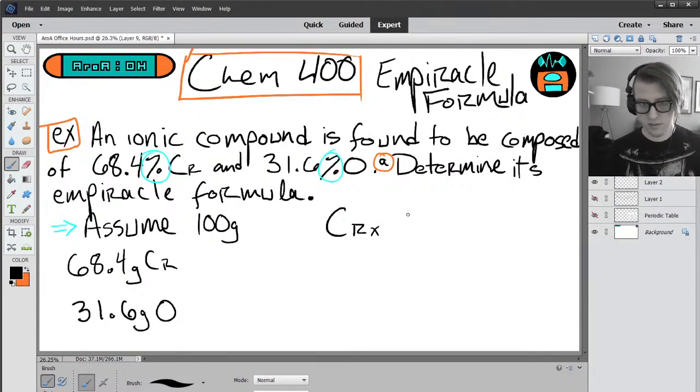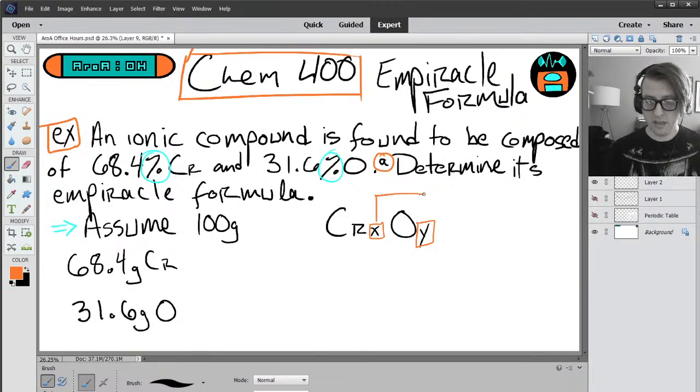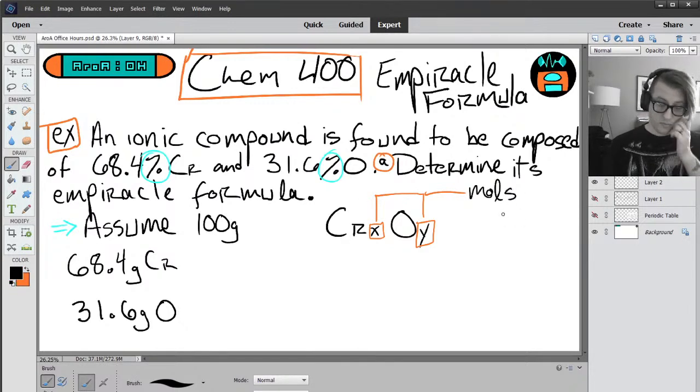O, Y. Both X and Y are molar quantities. It doesn't give us a mass ratio between chromium and oxygen. It gives us a molar ratio between the moles of chromium atoms present in the molecule and the moles of oxygen atoms. So we need to convert both of these quantities from grams to moles.